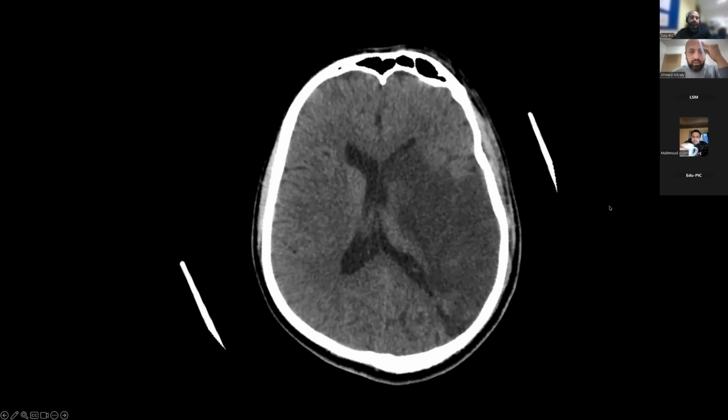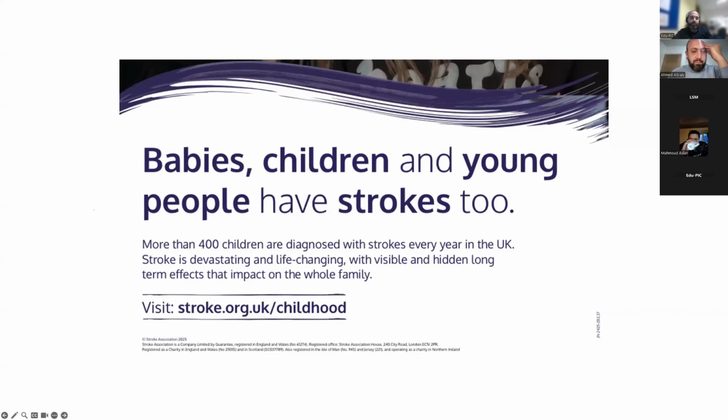And this is one of the things even the RCPCH are significantly advocating for, the idea that strokes can happen in children. If you look at the awareness posters on the RCPCH website for stroke, it just says that stroke can happen in children. There's no other message, just please be aware or keep it on your differential list.